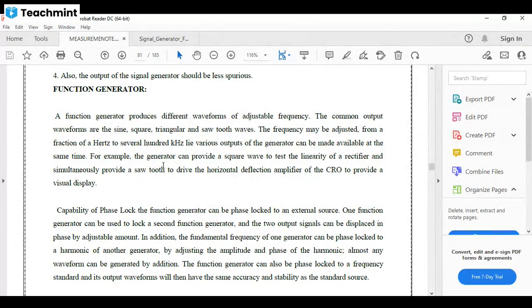For example, the generator can provide a square wave to test the linearity of the rectifier and simultaneously provide a sawtooth to drive the horizontal deflection amplifier of the CRO to produce a visual output.